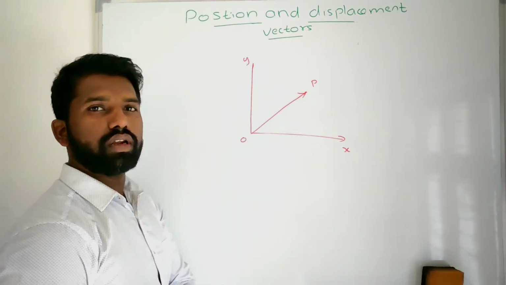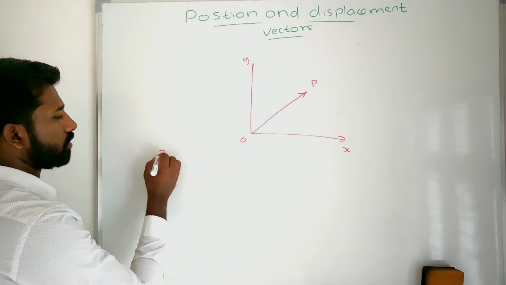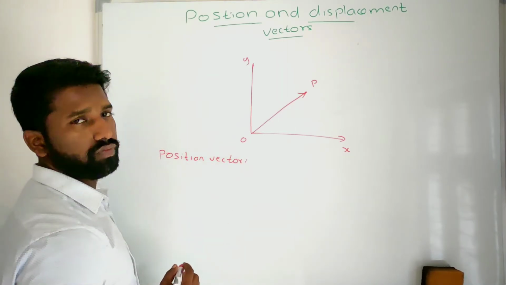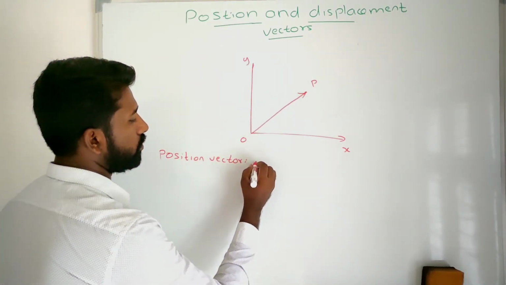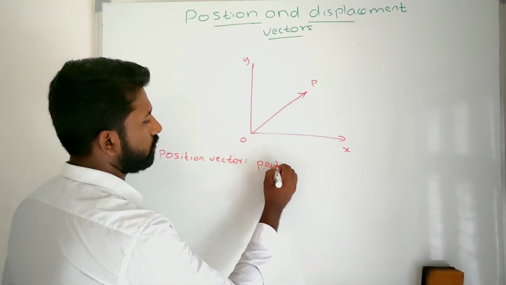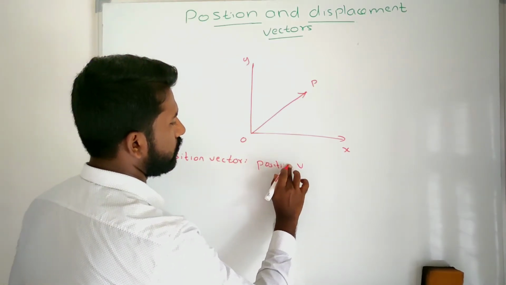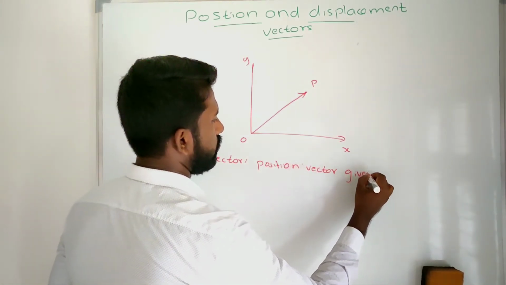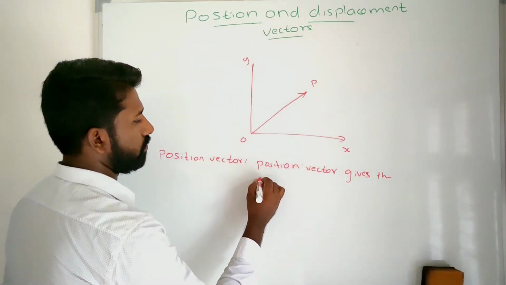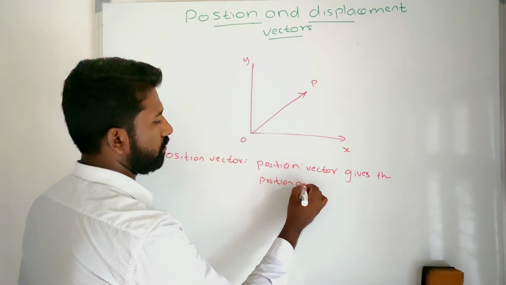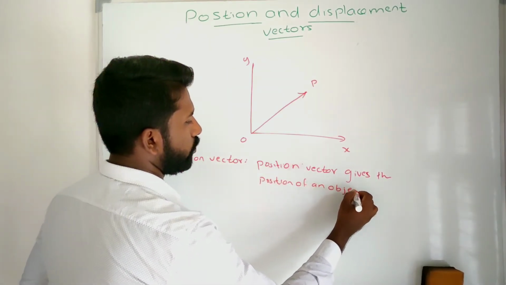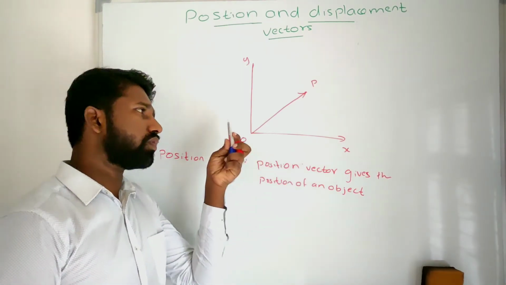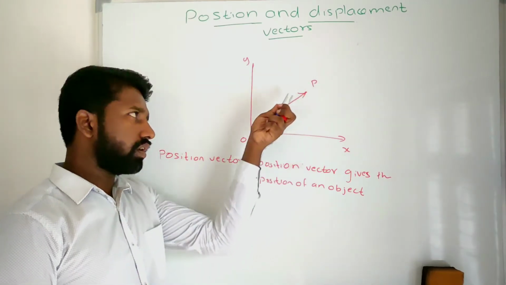Now we can define the position vector. What is a position vector? The position vector gives the position of an object. The position vector always originates from the origin and ends at that point.